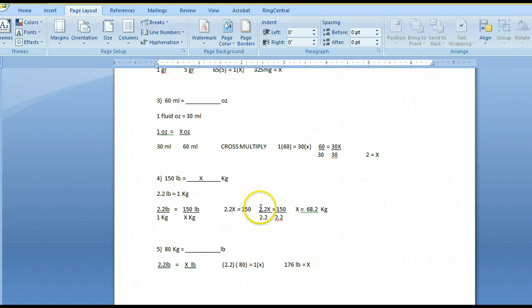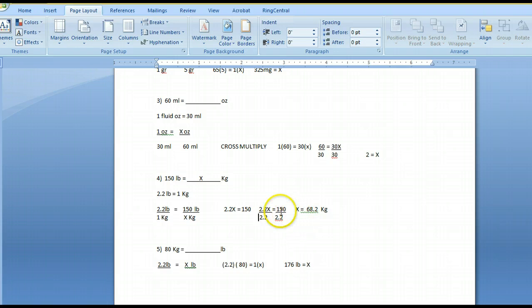Or maybe if you remember from college math, those numbers are identical. They cancel out, however you want to look at it. But again, whatever you do on one side, you have to do on the other. But I chose 2.2, so it cancels out. So 2.2 divided by 2.2 is 1. That leaves x all by itself. Yeah, that's what we wanted.